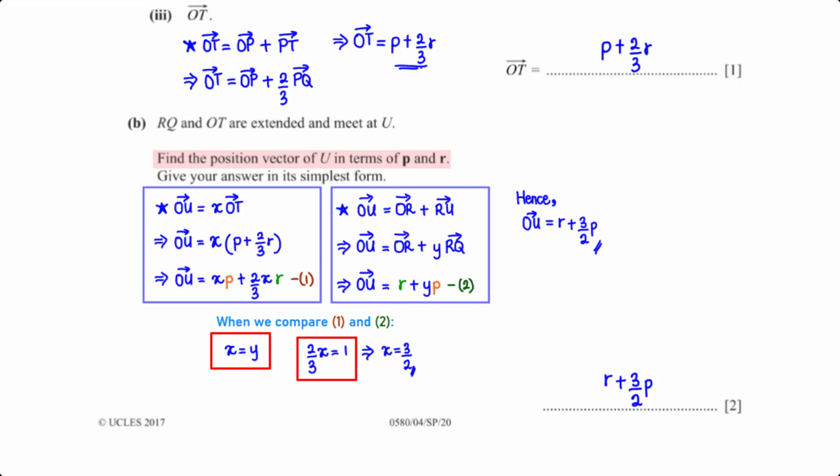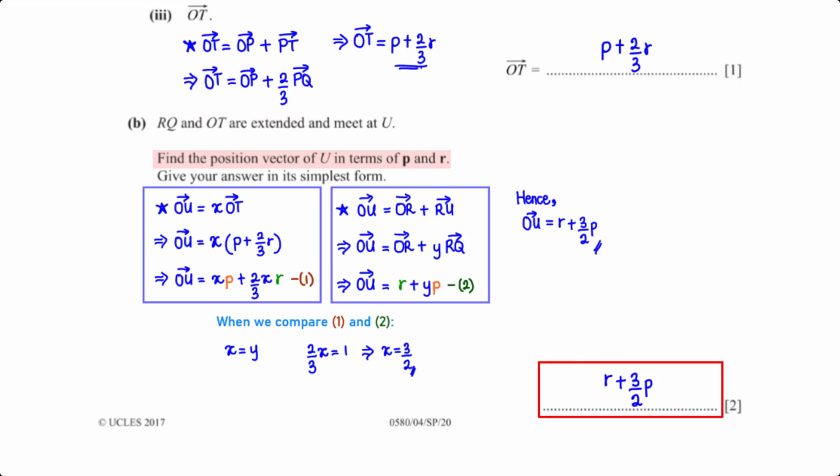When we make x the subject, we get x equals 3/2. Since x is equal to y, then y is also equal to 3 over 2. When we put the values of x and or y into either of the equations for OU, we get the same answer, which is OU equals R plus 3 over 2 P.